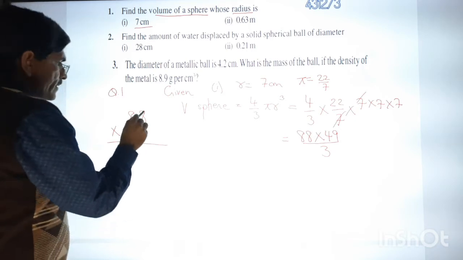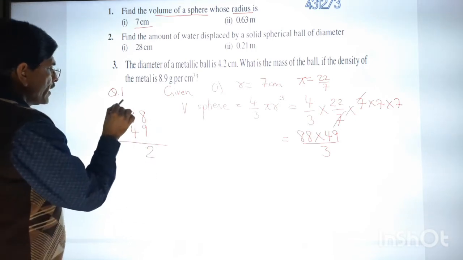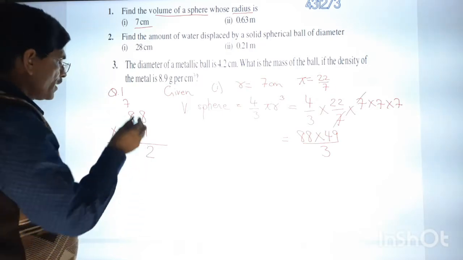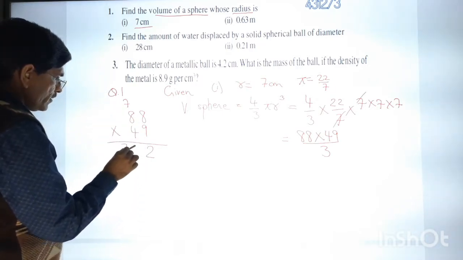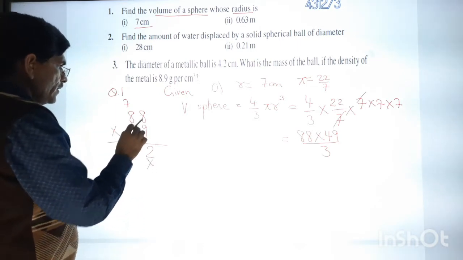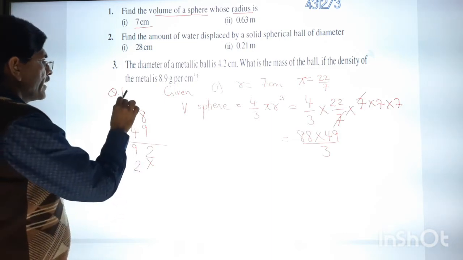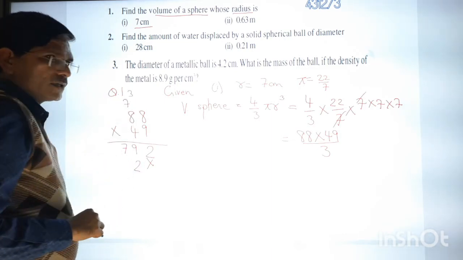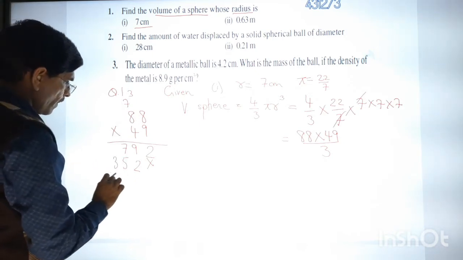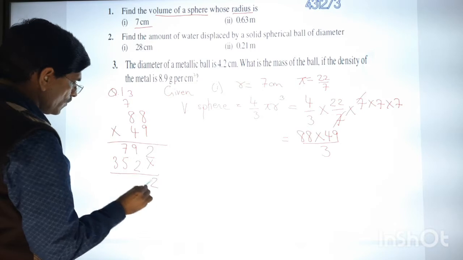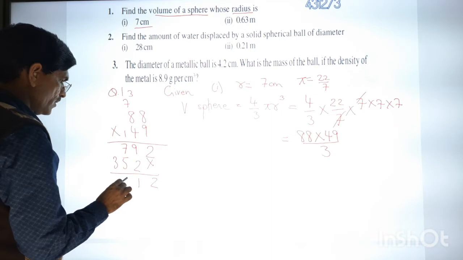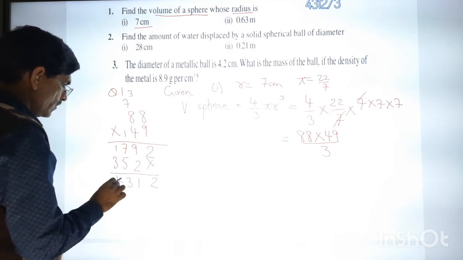8 9s are 72. Here it is 7. 8 9s again 72 plus 7, 792. Again, crossing here, 8 4s are 32. Again 3 here, 8 4s are 32 plus 3, 35. Now 2, 11 carry 1, 13 carry 1, 4.